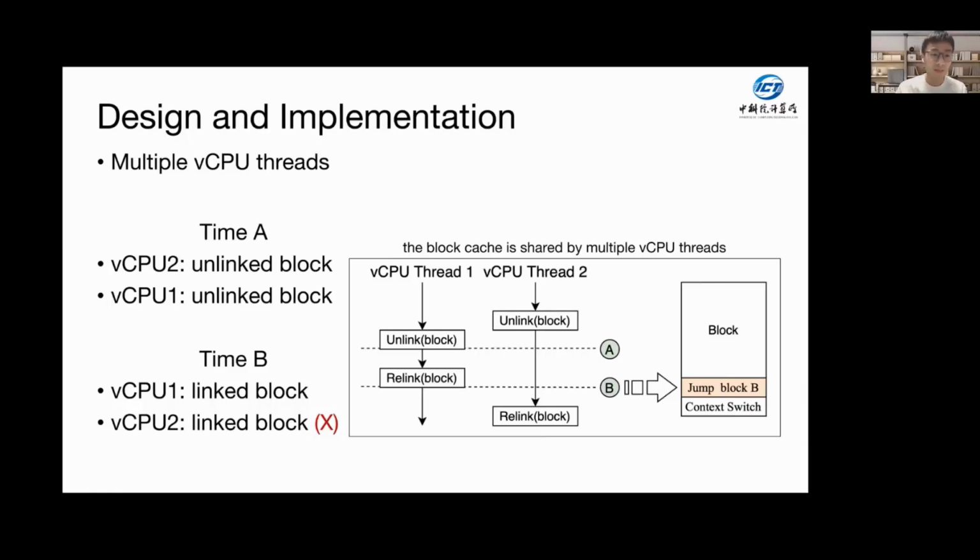But it allows different vCPU threads to modify the same translated block. In this simple example, vCPU1 and vCPU2 are executing the same block. At time B, this block should be unlinked for vCPU2, but it is relinked by vCPU1. This is not right.